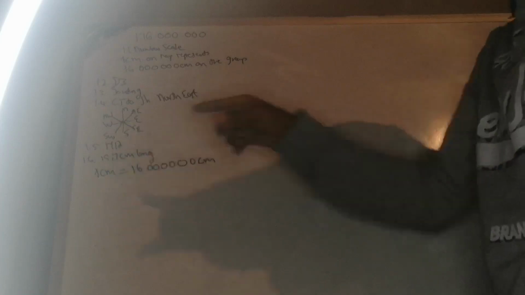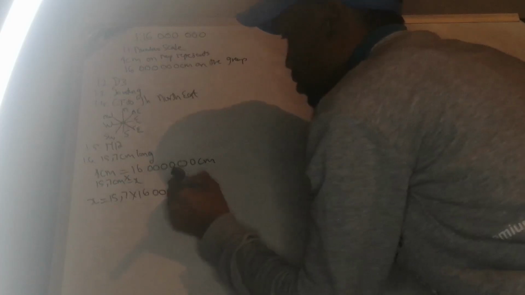I know that 1 centimeter on the map equals 16 million centimeters on the ground. We can go 15.7. Cross multiply: x equals 15.7 multiplied by 16 million.